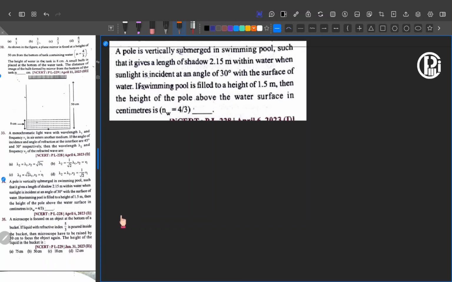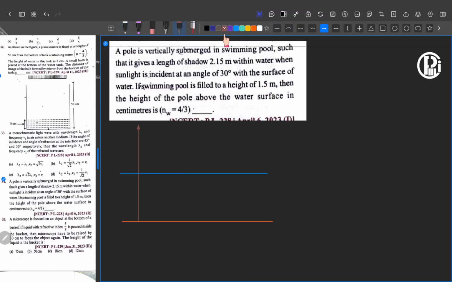Now let's see, it is the bottom, right, and the water level is up to here, right? Now we have a pole, a pole is like this, right? Now the water level is how much? Water level is up to 1.5 meters.